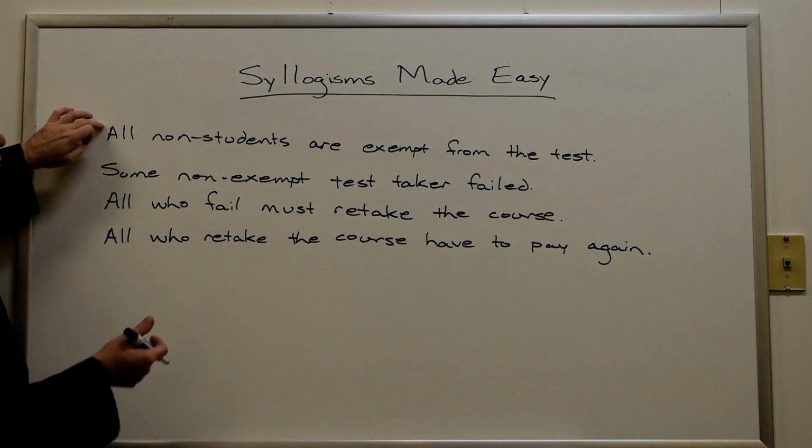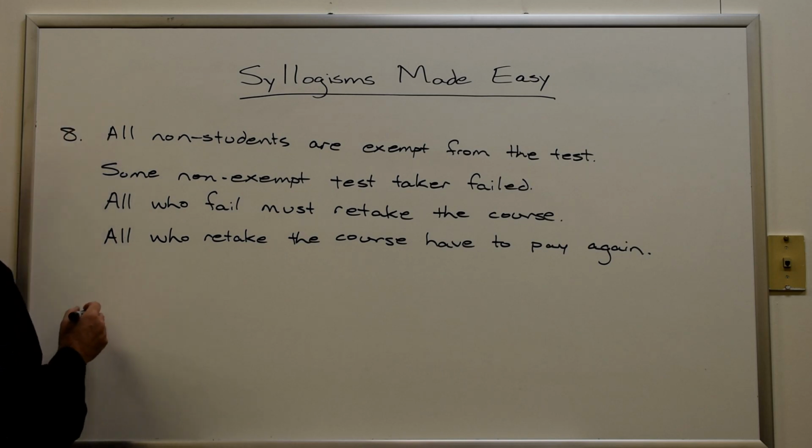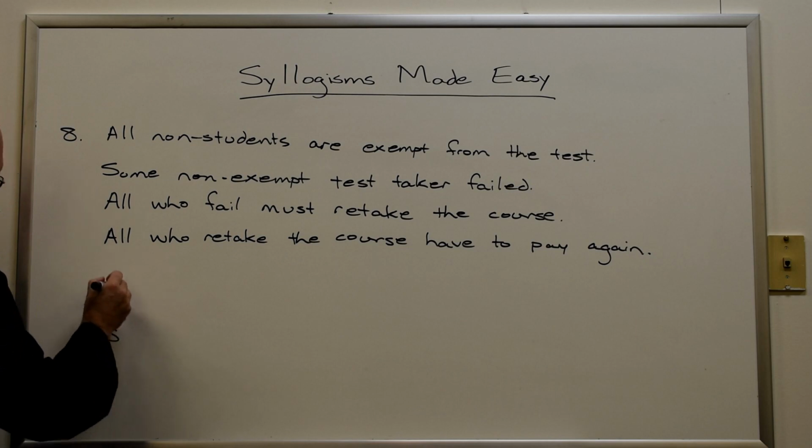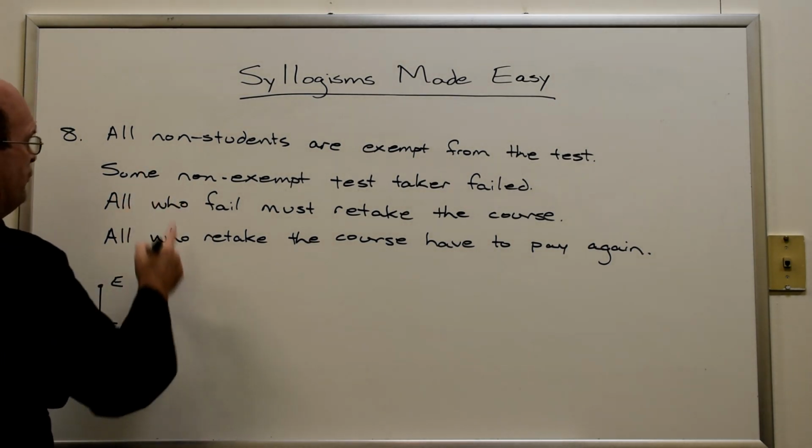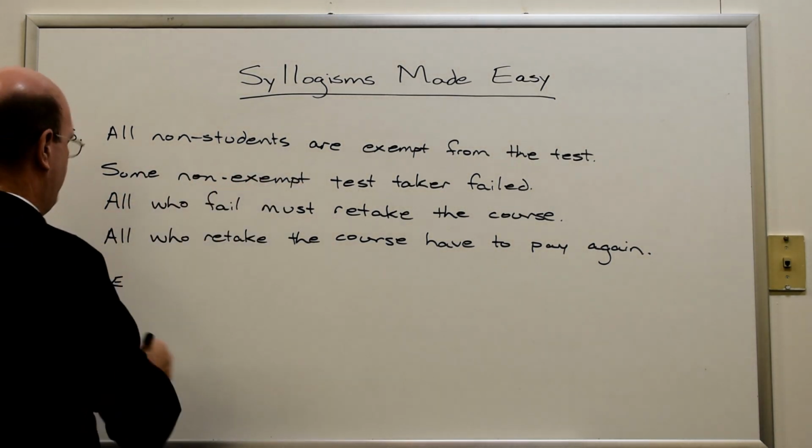So all non-students are exempt from the test. So all non-students are exempt. Fair enough? If you're not a student, you're exempt. Maybe you're auditing, maybe you're babysitting, I don't know. Some non-exempt test taker failed.